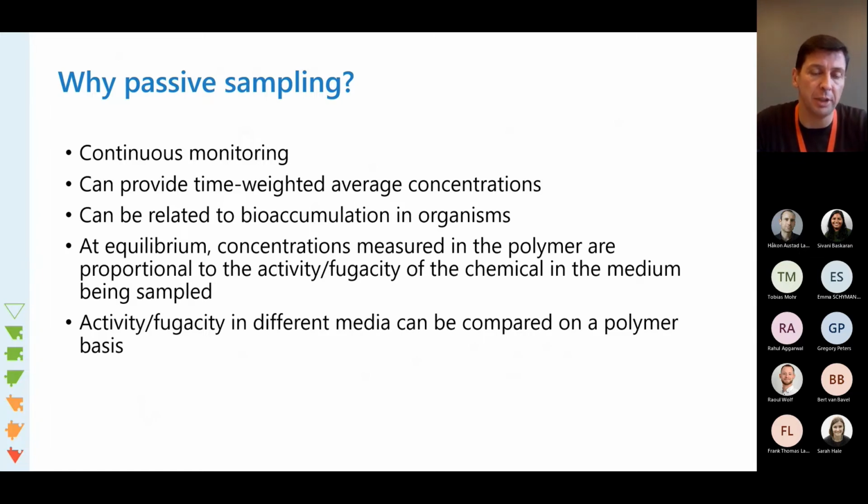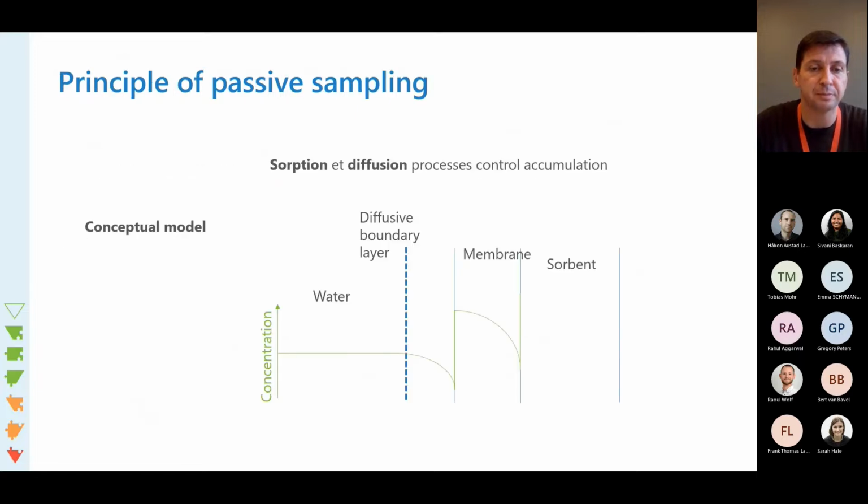On this aspect, we've done quite a bit of work on being able to compare the bioaccumulation in organisms with what we can predict, or not predict, but at least what we could consider would potentially bioaccumulate in organisms. And then in the end, these samplers, when sampling different matrices like air and water, allow us to look at activity gradients and fluxes or differences in the level of contaminants in different environments.